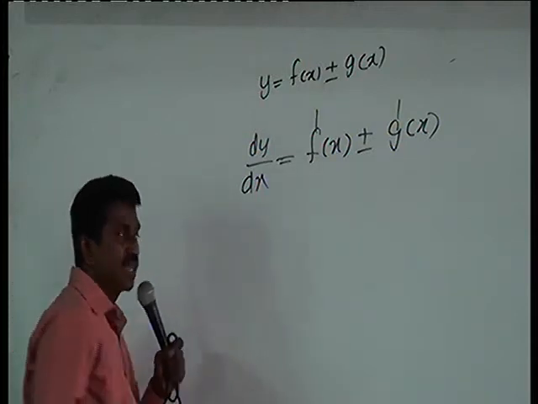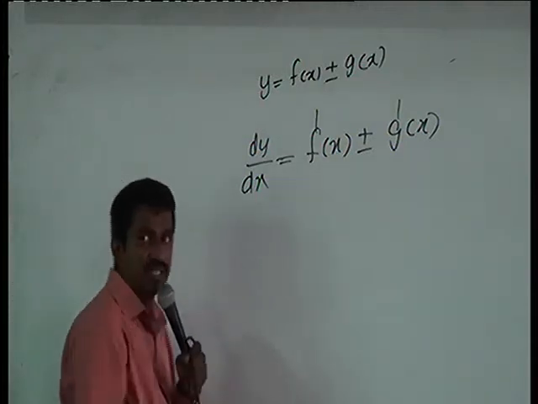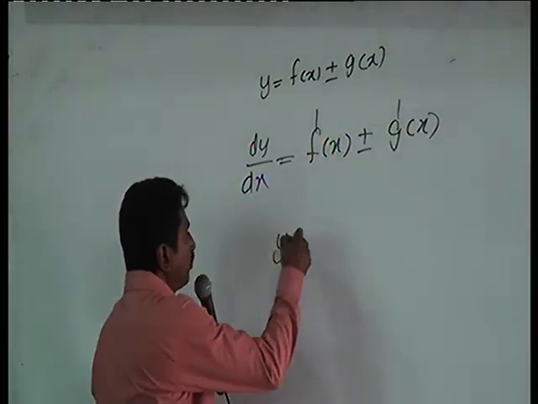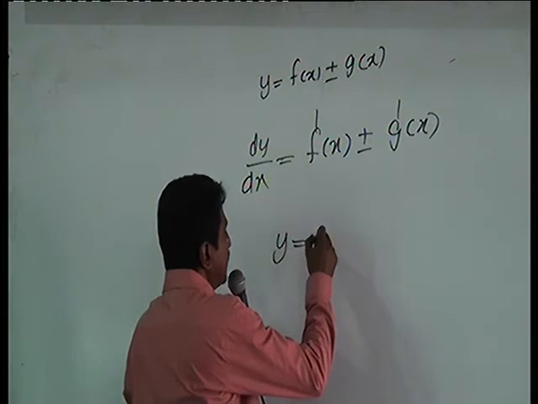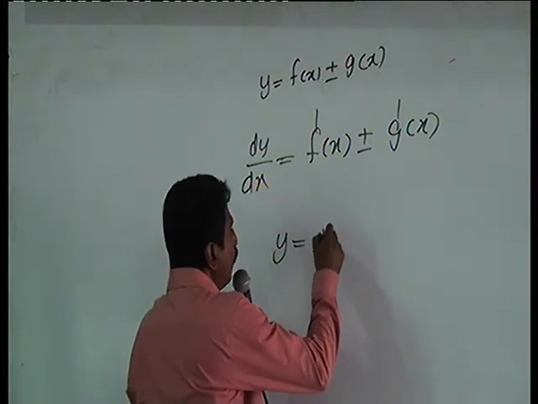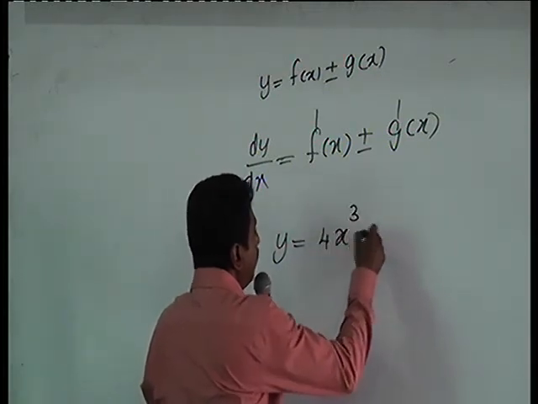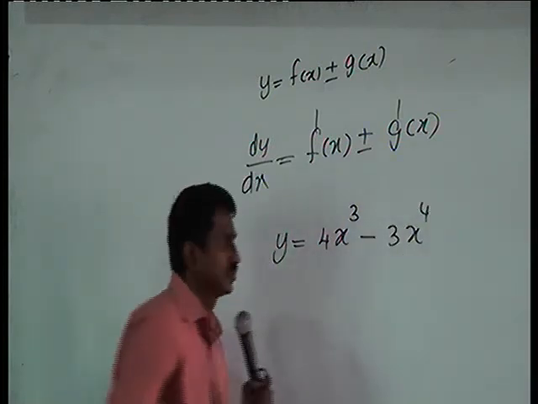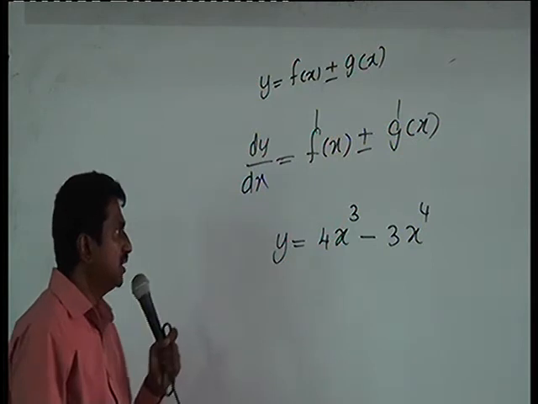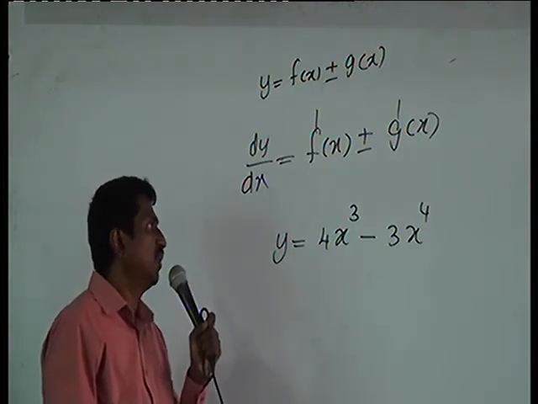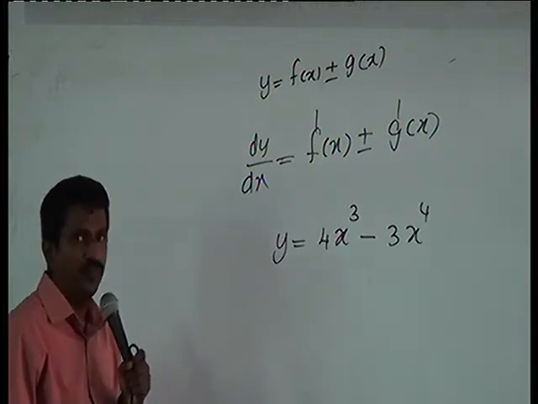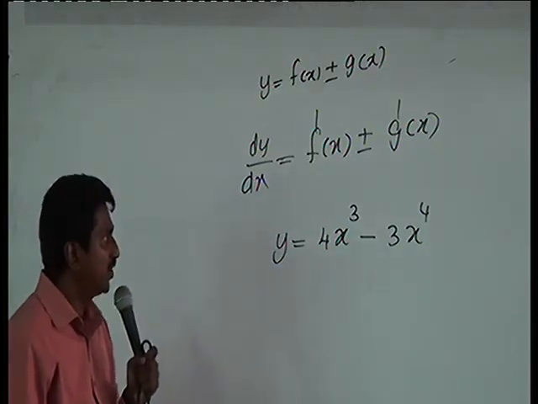So we'll do some examples here. Say y is equal to 4x to the power 3 minus 3x to the power 4. How do we differentiate?